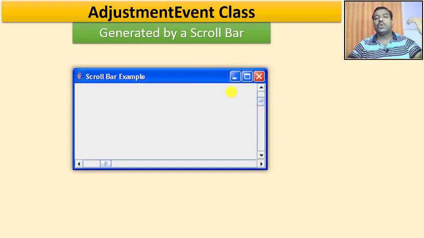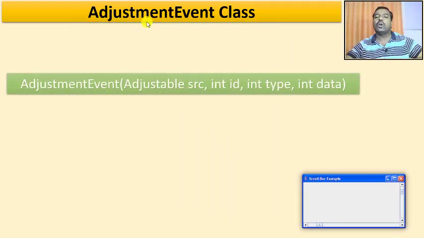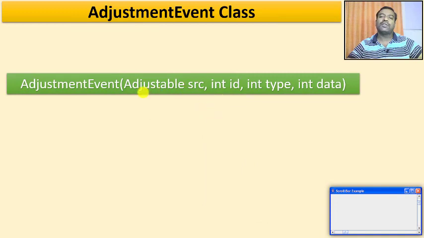Whenever I work with the scroll bar, it is going to generate an adjustment event object, an event of the class AdjustmentEvent. This is going to have a constructor with an adjustable source. As I told you, the first parameter is always the object of the source from where the event will be generated, and then I'm going to have an ID.